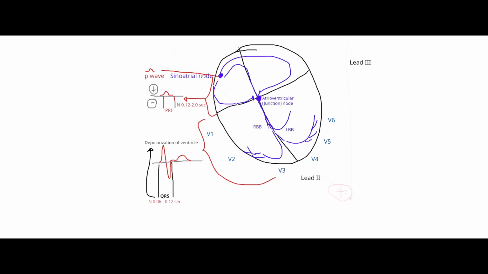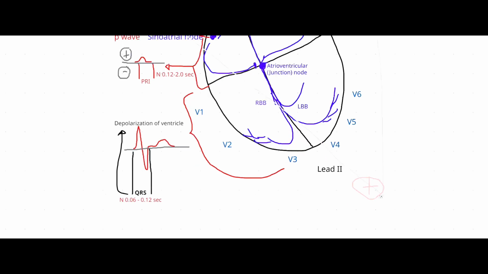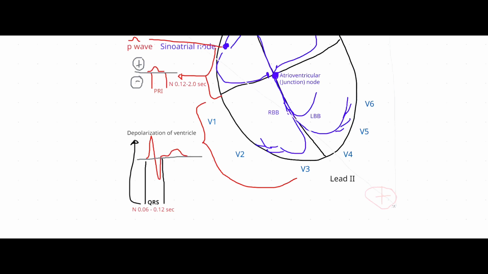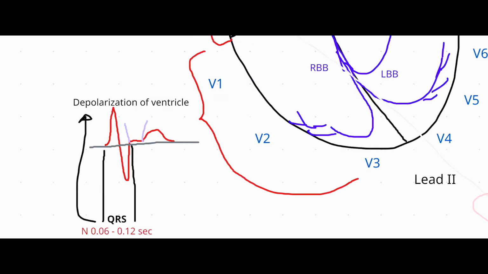So when we're looking at the ST, so now here comes the ST segment. So the ST segment is from when the S returns to the baseline to before the T begins. This is the ST segment.